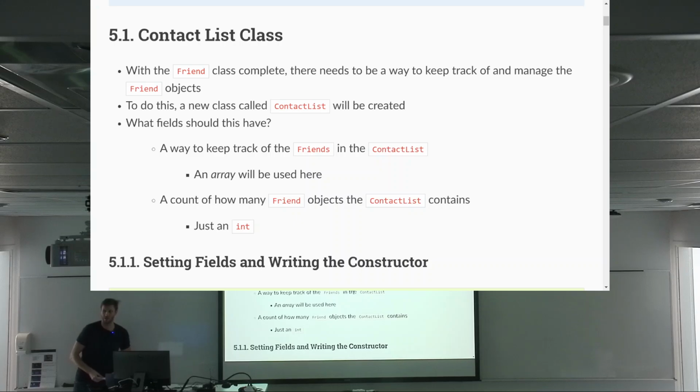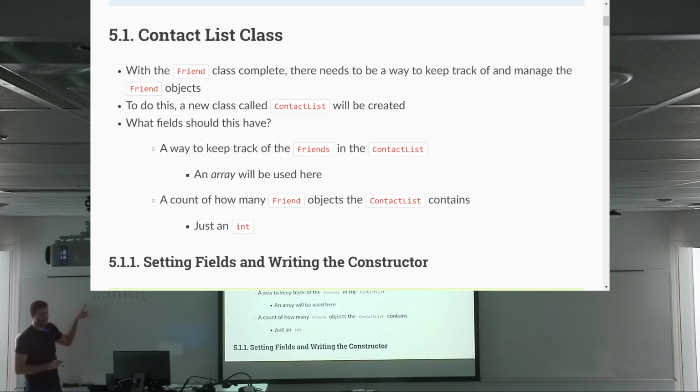Here's the trick. When you create a new contact list, you create an array of some arbitrary size. Let's say 10. That's an array of size 10: 1, 2, 3, 4, 5, 6, 7, 8, 9, 10. But it's empty.